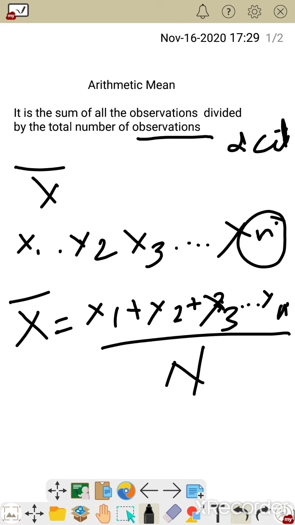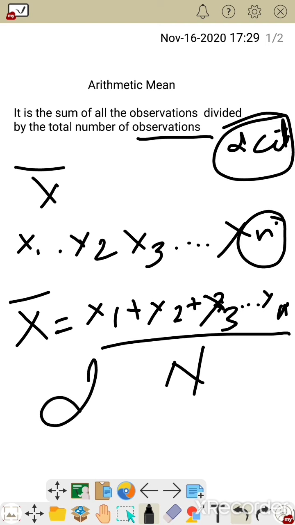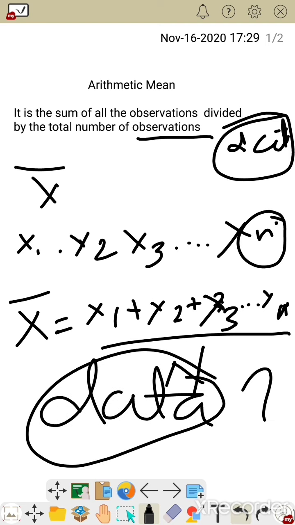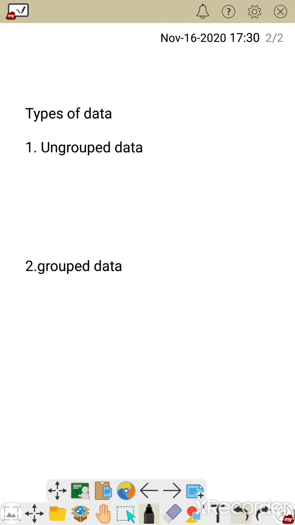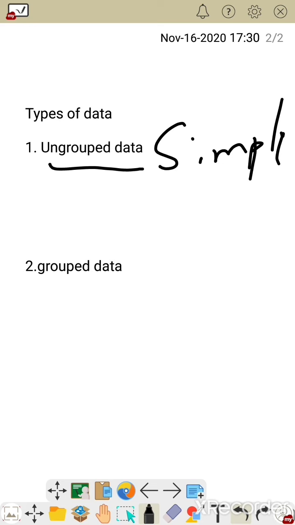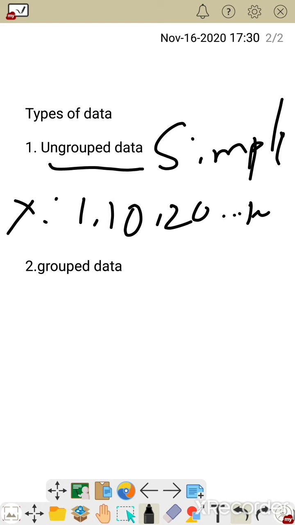But here what is data? What kinds of data are there? There are mainly two kinds of data. One is ungrouped data. Ungrouped data means the simple data or information given. For example, the data given may be x equal to 1, 10, 20 or something up to 100.